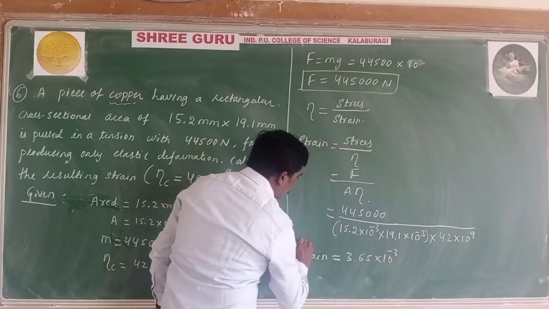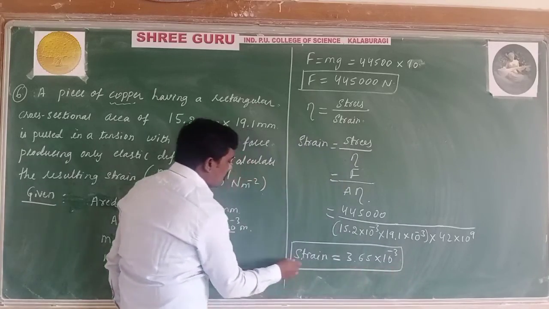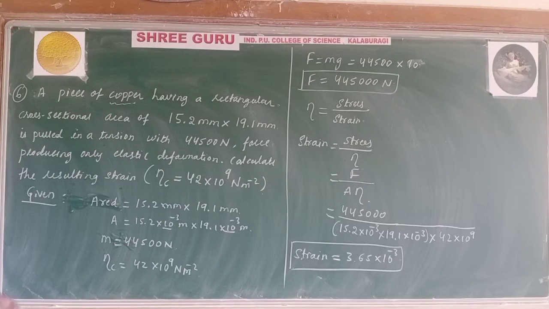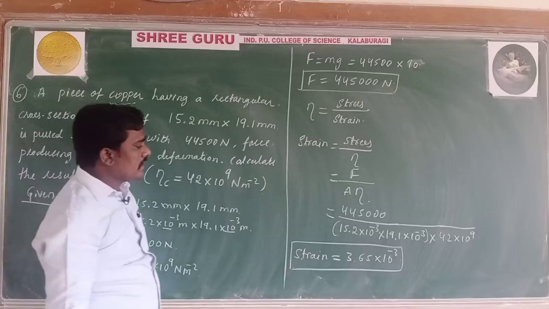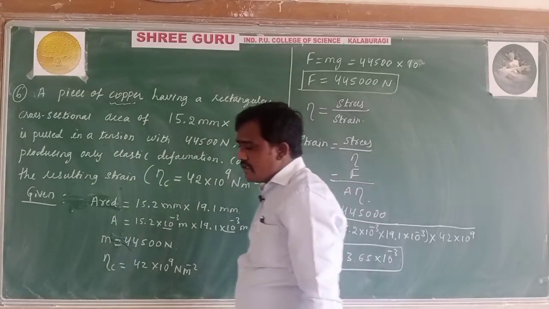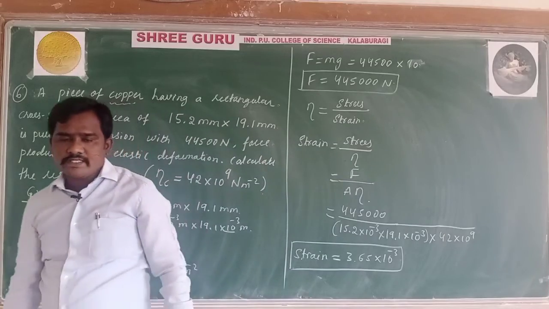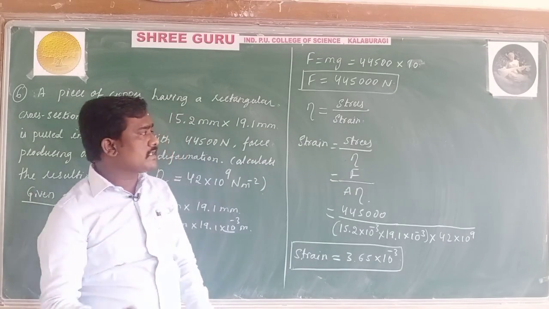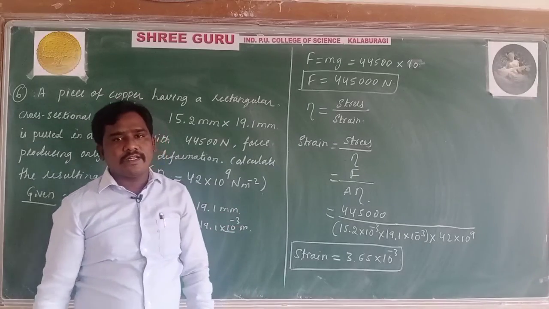This much strain is acting on the piece of copper, producing only elastic deformation, not plastic deformation. The resulting strain is equal to 3.65 into 10 raised to minus 3. This is about today's class numericals. In the next class I am going to explain the numericals on the basis of bulk modulus. Thank you.